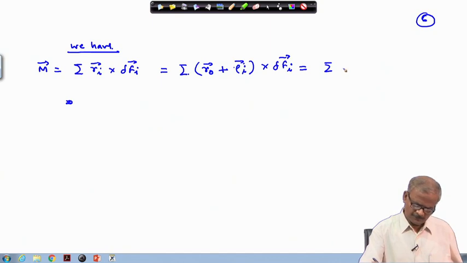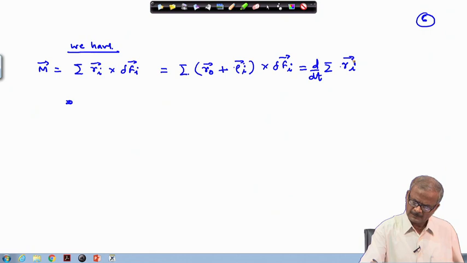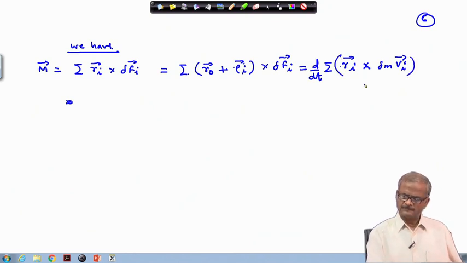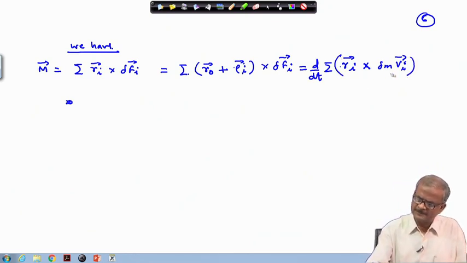So, we write d by dt of the angular momentum of the whole system, which we have written as r i cross delta p, where delta p is the linear momentum of the particle, so delta m times V i. Initially, we differentiated this quantity and then changed the operator.